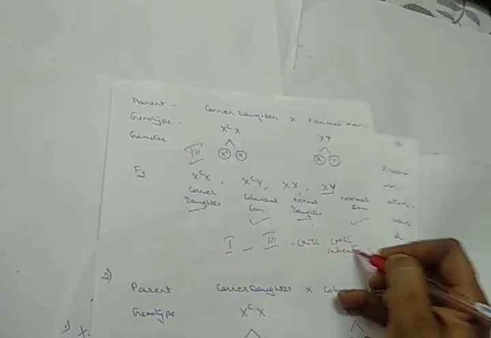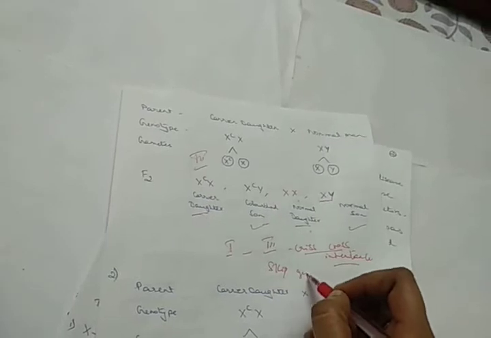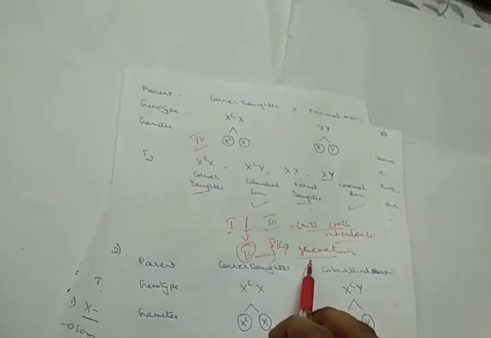I have already explained this when I discussed the Drosophila eye color. Crisscross inheritance can also be called skip generation, where one generation is skipped in between. That is, with the second generation there is a skip, so it is called skip generation.